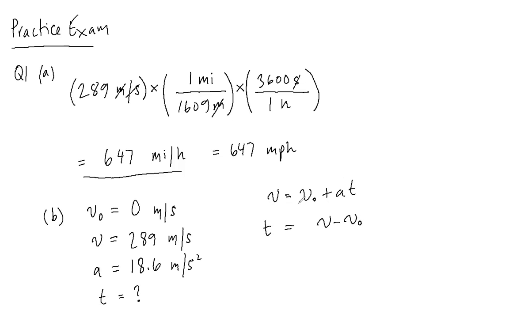Right, so that eliminates it from here, and it shows up as minus V0 over here. Then I'm going to divide both sides by A. And so now we can go ahead and plug in our numbers. So this is going to be 289 meters per second minus 0 meters per second, and we're going to divide by 18.6 meters per second squared.